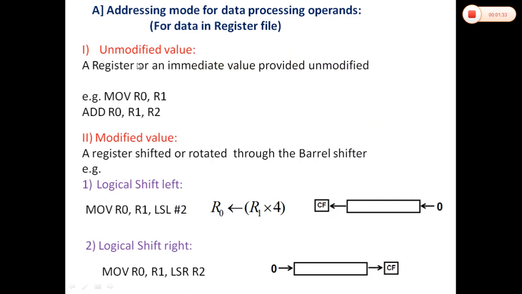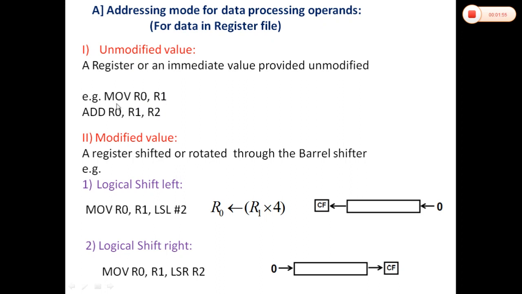There are two types under this addressing mode: addressing modes with unmodified value and addressing modes with modified value. Under this type, the operand is used without any additional modification.